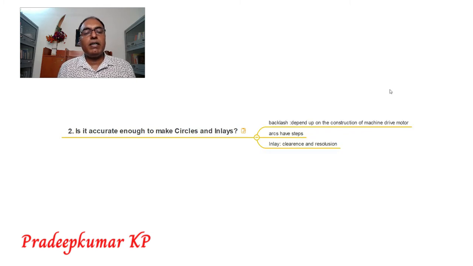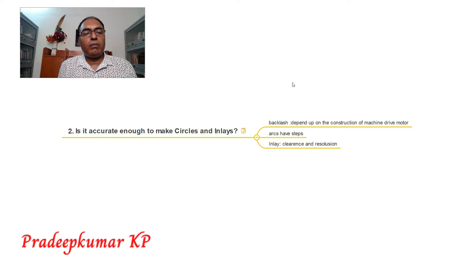The second point is, is it accurate enough to make circles and inlays? We have to see that not all CNC routers are made equal, because some are made with ball screw, another one might be made with rack and pinion.